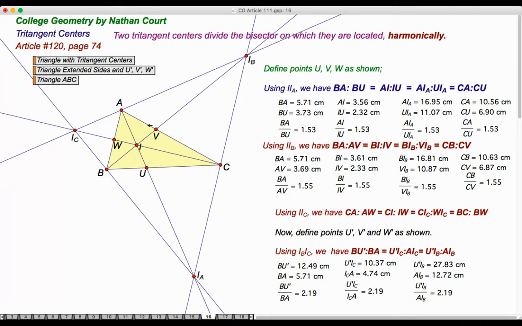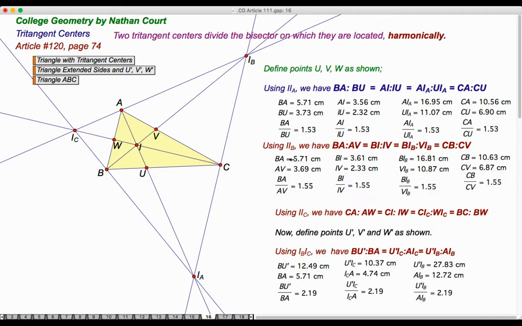If I use this triangle, then I have BA is to AB as BI is to I sub B, equal to VI sub B. Using this triangle, that is the same thing as CB is to CB. And the constant ratio this time is 1 is to 1.55.